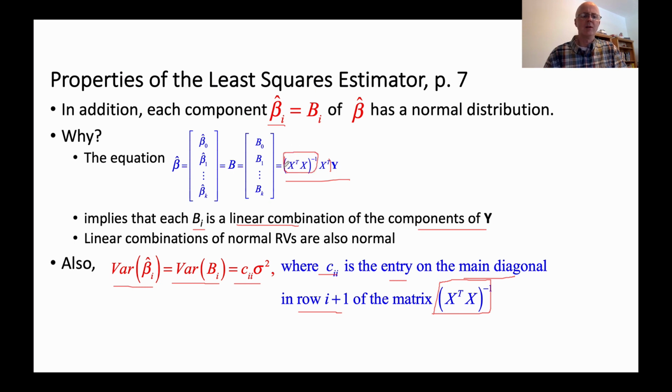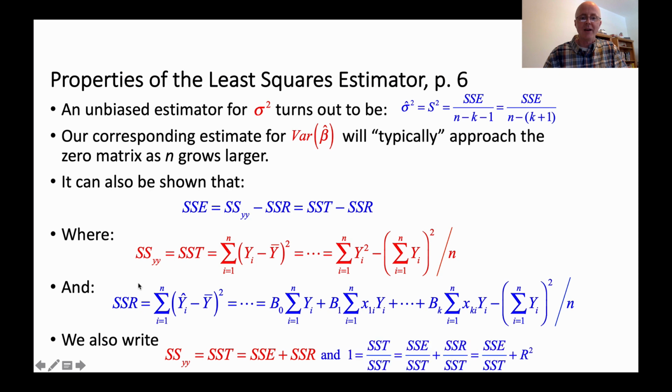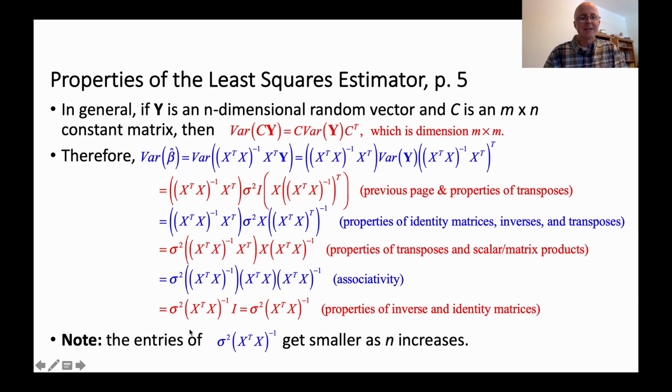Why? Well, the variance covariance matrix of beta hat itself was diagonal with the sigma squareds on the main diagonal, sigma squared times capital I. That was for y in our case, but for beta hat it was this fact here.